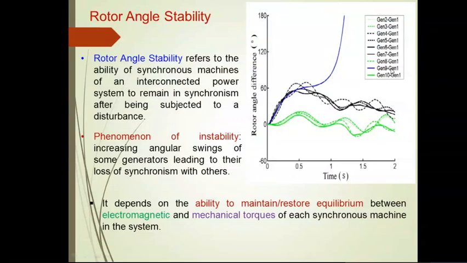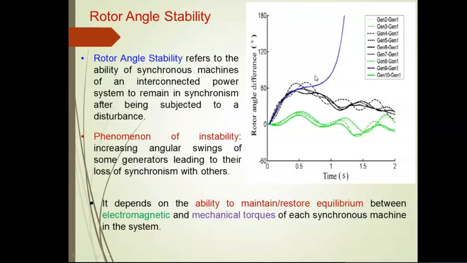Then you find here that for one of the generators, generator 9, the rotor angle of generator 9 with respect to generator 1 is represented by the blue plot. You can see that this generator has a swing up to the maximum amplitude, and beyond that it increases further. So in the case of generator 9, the rotor angle swings to the maximum amplitude and then goes on increasing further, that means deviating with respect to the other generators.